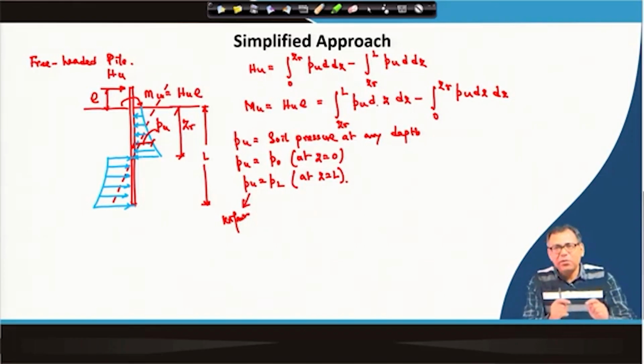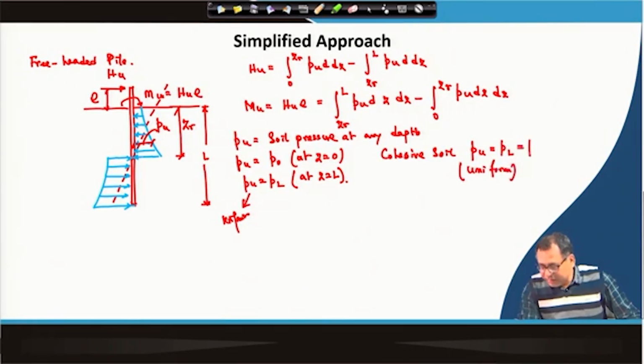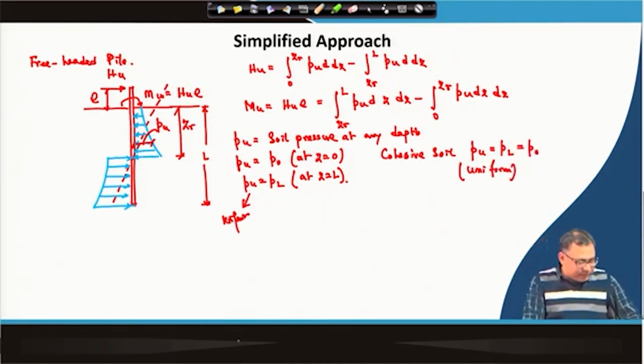Now, this p u distribution, as I have discussed already, for cohesive soil, this p u is equal to p L, that means uniform, or you can write p 0 also, that means it is uniform.